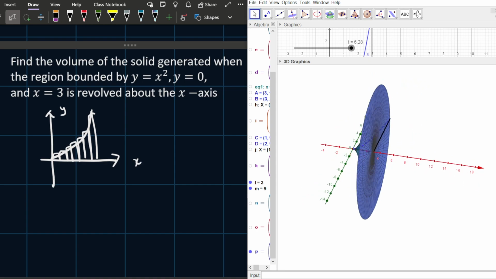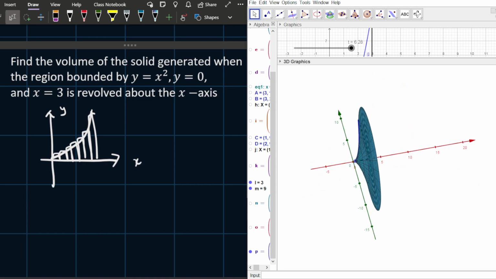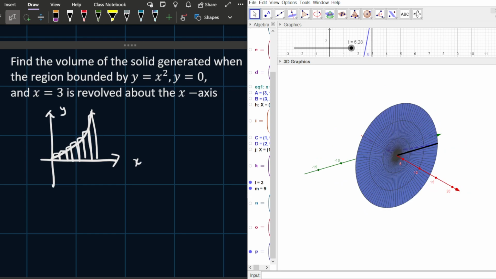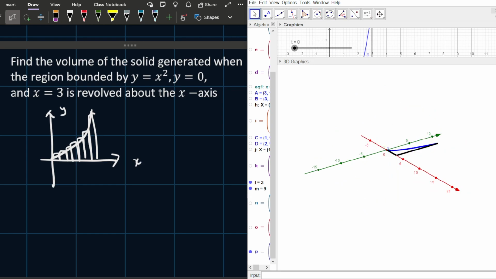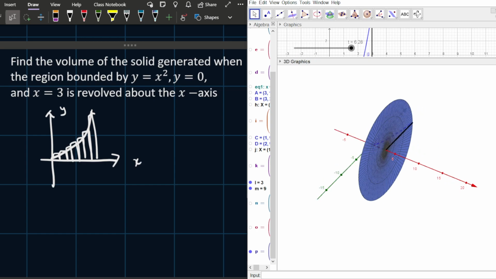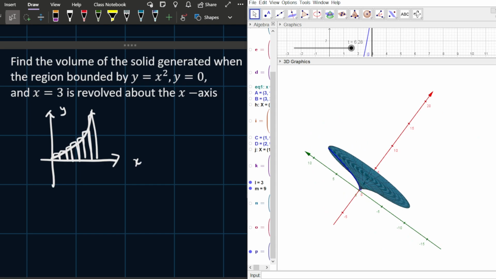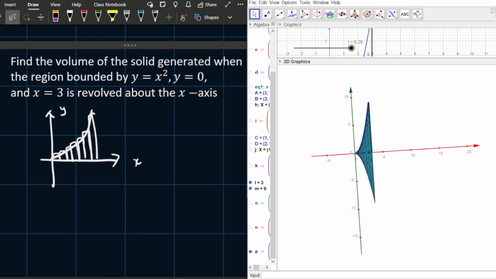So ito yung hahanapan natin ng volume. So para mas clear, dito sa view na ito, the solid of revolution would look like this. So itong nasa loob, ito yung hahanapan natin ng volume.